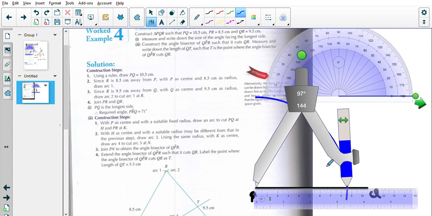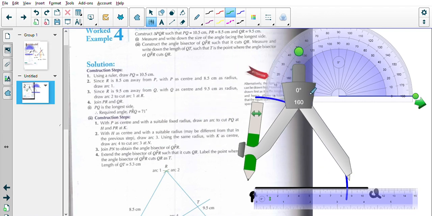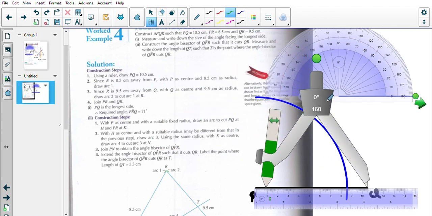Alright, now we go to the third step. Since R is 9.5 centimeters away from Q, with Q as center and 9.5 centimeters as radius. So I will move this compass again and I will use the yellow or the green one and set the arm to 9.5 centimeters like this, and then I put the needle arm on Q and draw the arc like this.